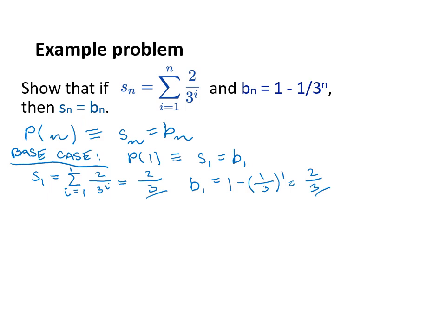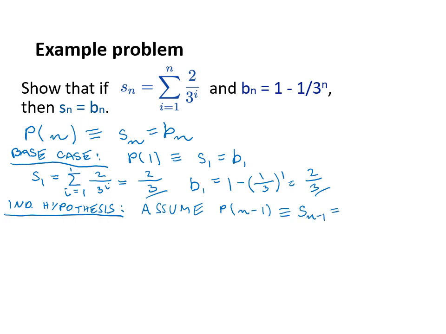Now we have our induction hypothesis. So we are going to assume P of n minus 1, which is equivalent to S of n minus 1 is equal to B of n minus 1.